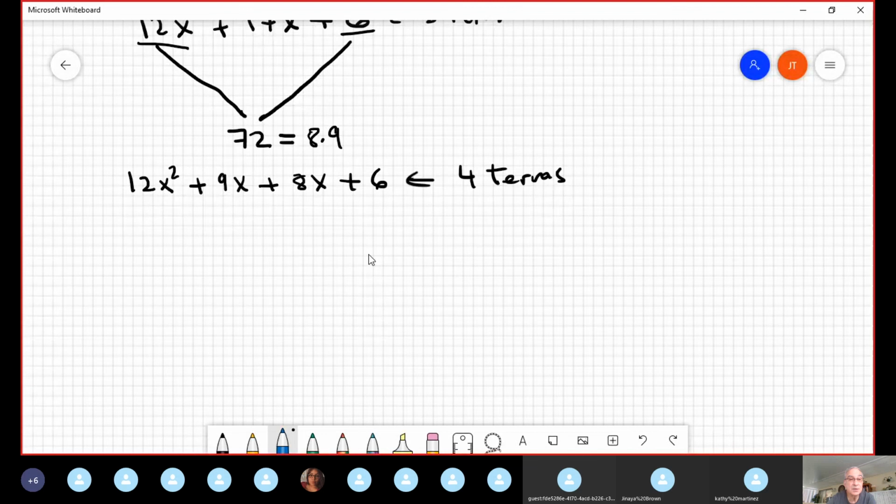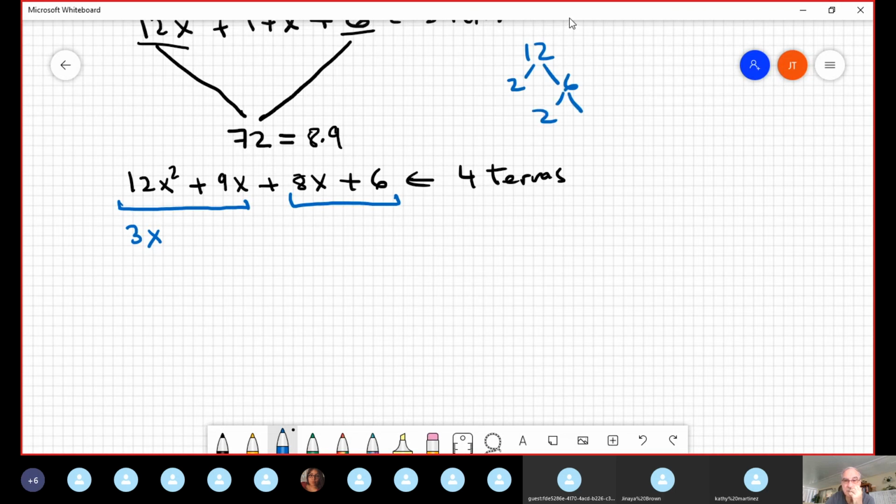Grouping. GCF here and GCF here. What is the GCF in the first couple? Well, I suppose it's 3x. Yeah, because 12 is 2, 6, 2, 3, and 9 is 3, 3. It's all because 3 is a common factor.